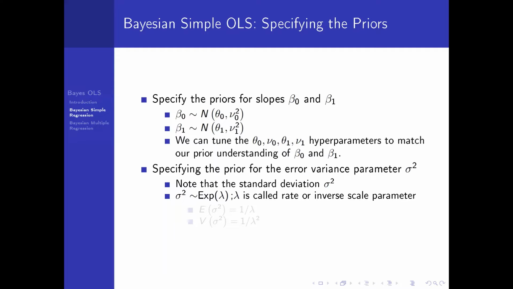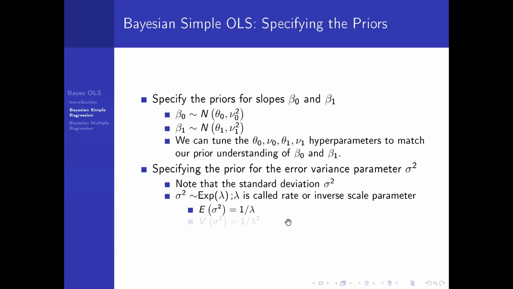Lambda is called the rate or inverse scale parameter, and it is used in a lot of parametric models. For example, survival models, and another example would be Poisson regression models, right? When we get into those models, I can talk more about this distribution.